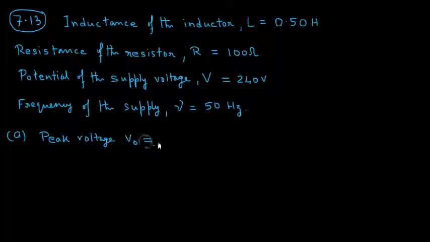V0 is equal to root 2 V. So, put the value root 2 multiplied by the supply voltage, that is 240. Upon solving we get 339. Use calculator to solve it fast.